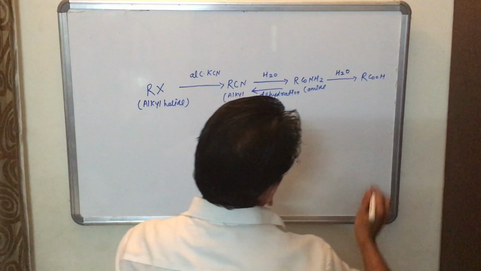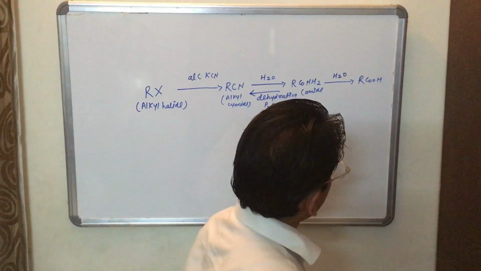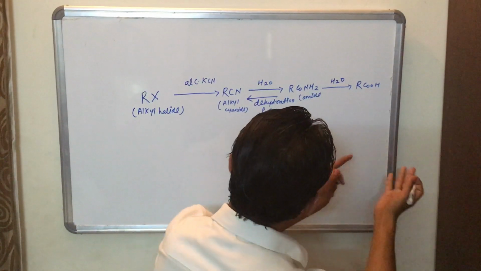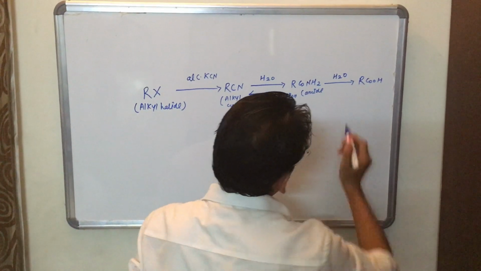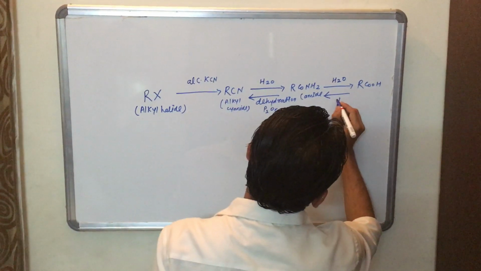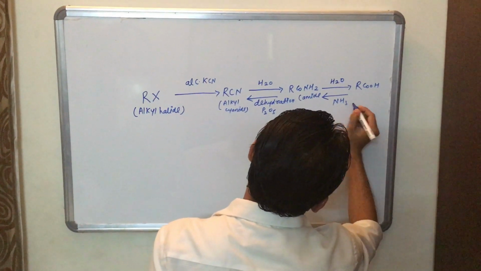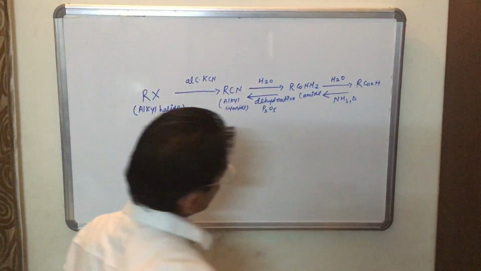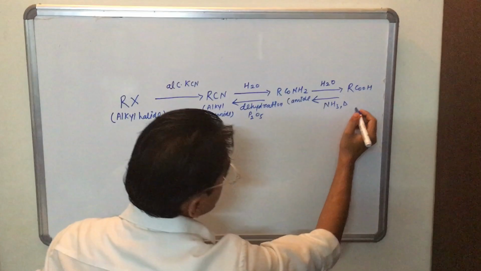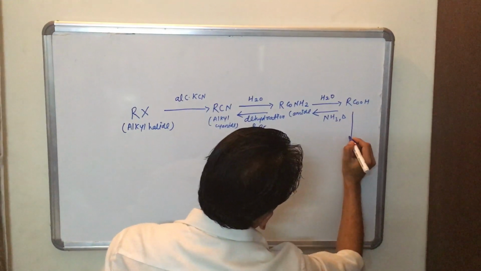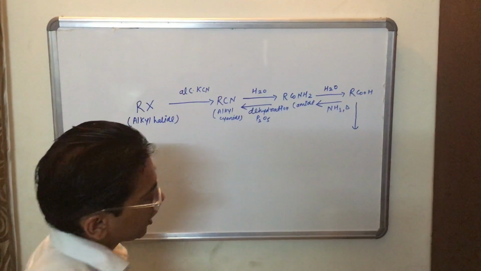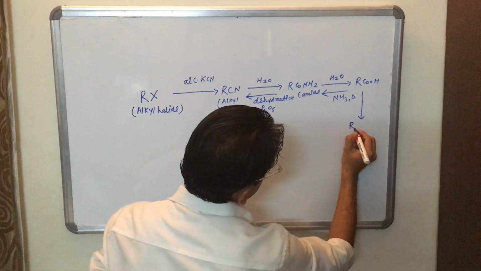Then you will get carboxylic acid. Now again I want to convert it into amide. Then I have to add ammonia and heat also. Now I have carboxylic acid and I want to obtain acid chloride.